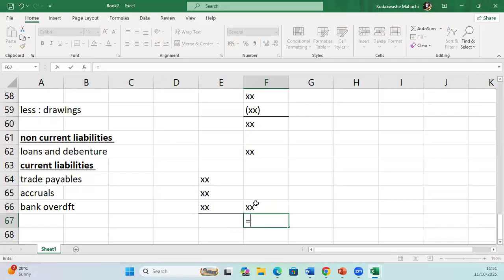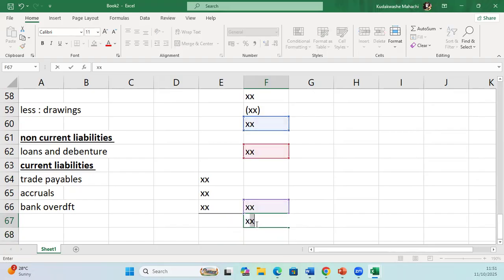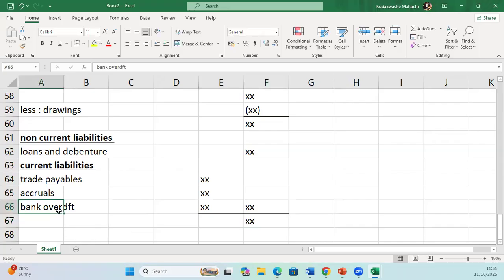Then we add up the figure for non-current liabilities and the figure for current liabilities. The figure you are going to get here is the balancing figure.